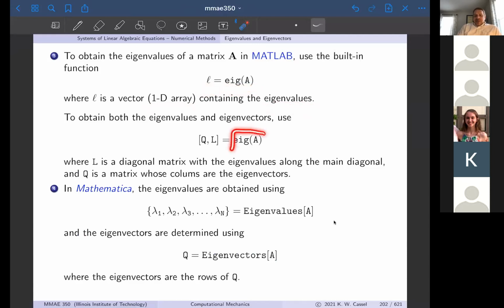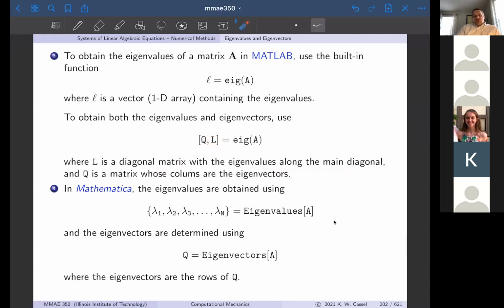Now, the same eig of A command or function can also give you the eigenvectors. So if you say Q comma L is equal to eig, rather than just little l, then you'll get two matrices. The L matrix is going to be a diagonal matrix with the eigenvalues along the main diagonal. So notice, instead of giving you L as a vector with the eigenvalues, it gives you the eigenvalues along the main diagonal of a diagonal matrix, which is kind of strange, actually, especially if these are very, very large.